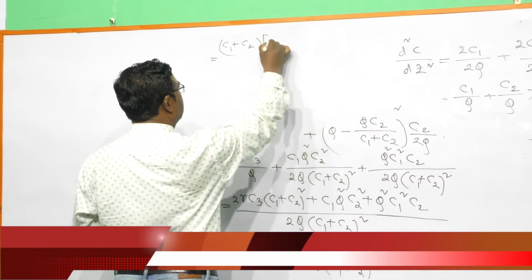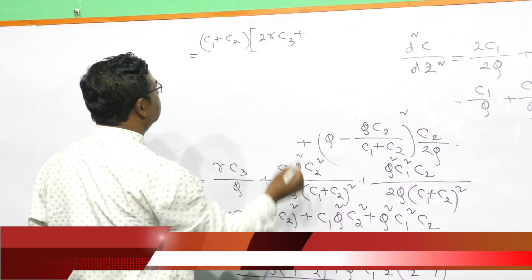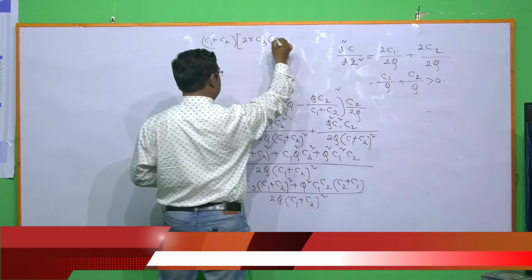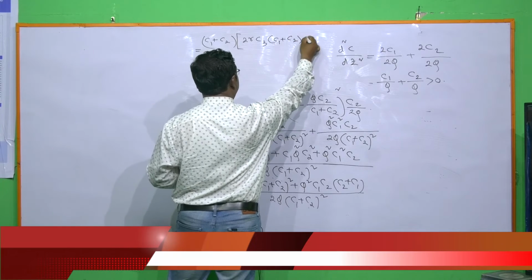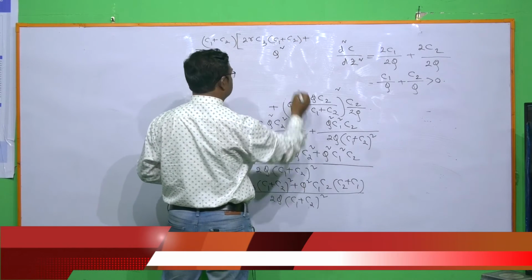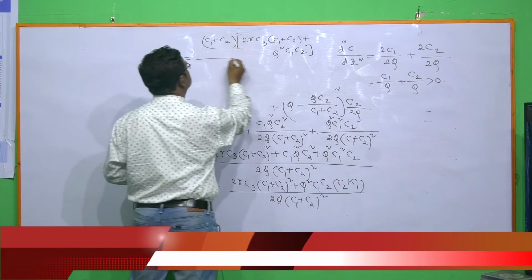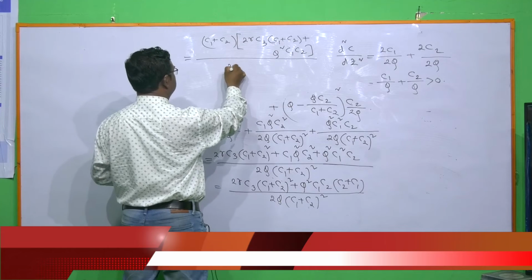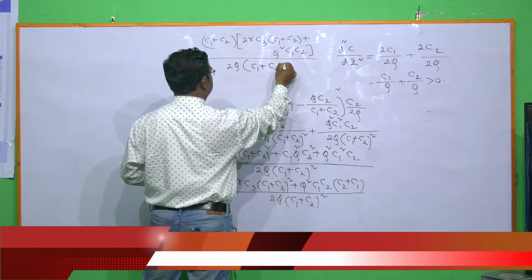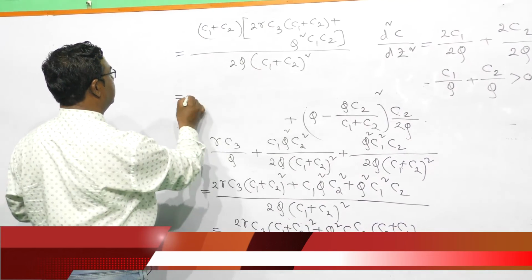Then twice RC3 (C1 plus C2) plus Q square C1 C2, divided by twice Q (C1 plus C2) whole square. So we can cancel one term.